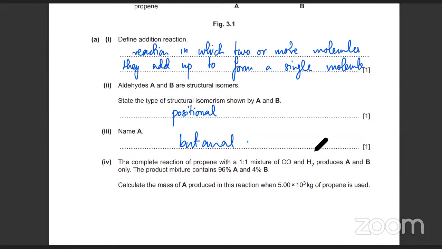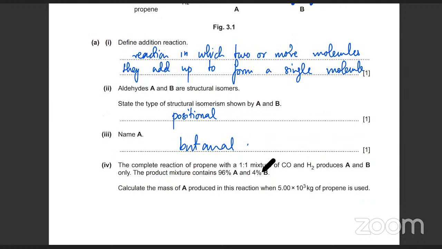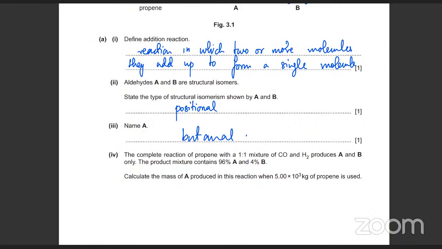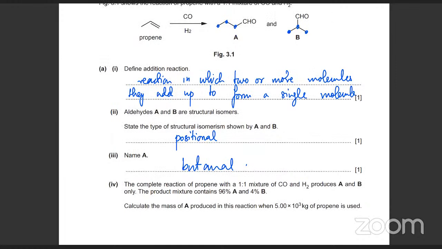So the product mixture contains 96% of A. Calculate the mass of A produced in this reaction. So here I'm not really sure what he means by this, but let's try. Okay, there's propene, which is C3H6. ये जो पहला वाला है, ठीक है? This is propene. And it reacts with a 1,1 mixture. I don't know what that is, but I'm just assuming that means they'll be in the same ratio.